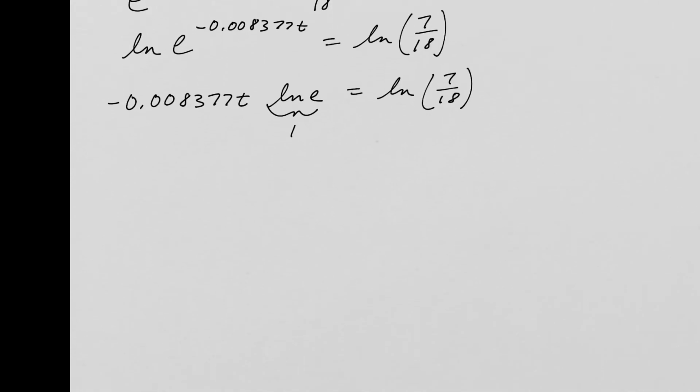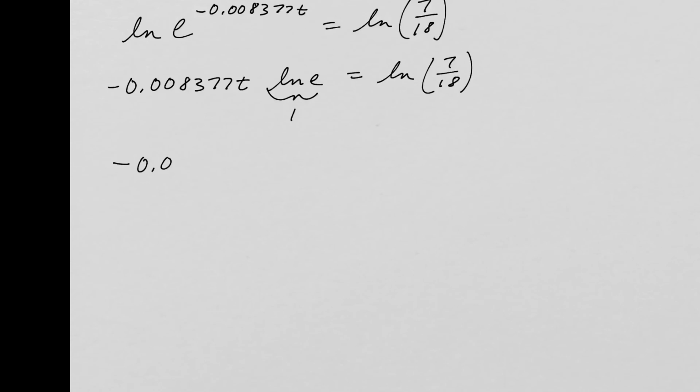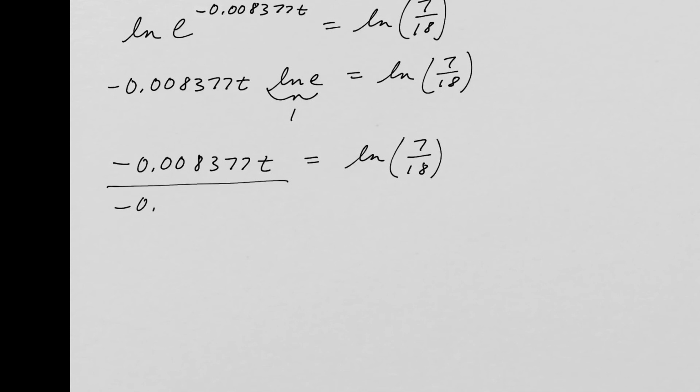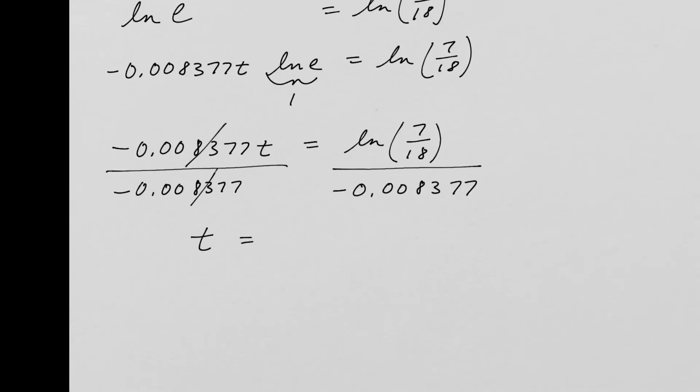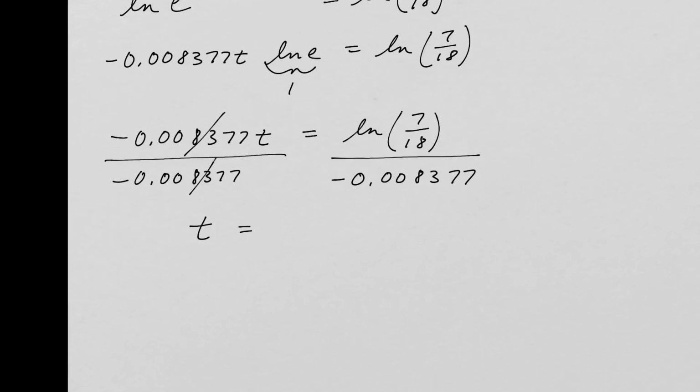So now all I have to do to get t is divide both sides by that really small number there. Right, so if I divide both sides by negative 0.008377, that'll cancel and I'll get t equals, so this you have to do in your calculator again, and if you work this out, you're going to get around 112.74 minutes.